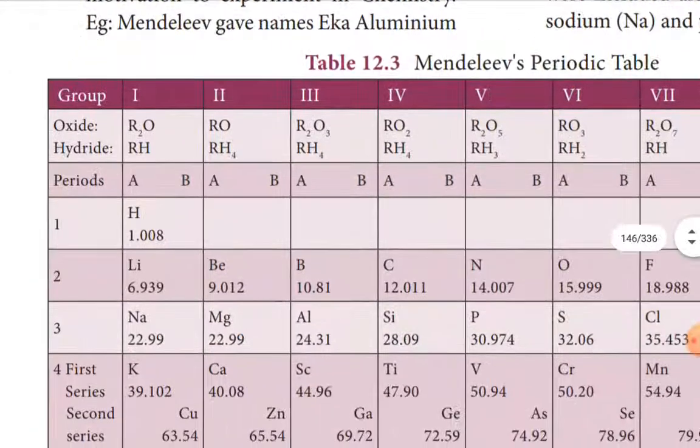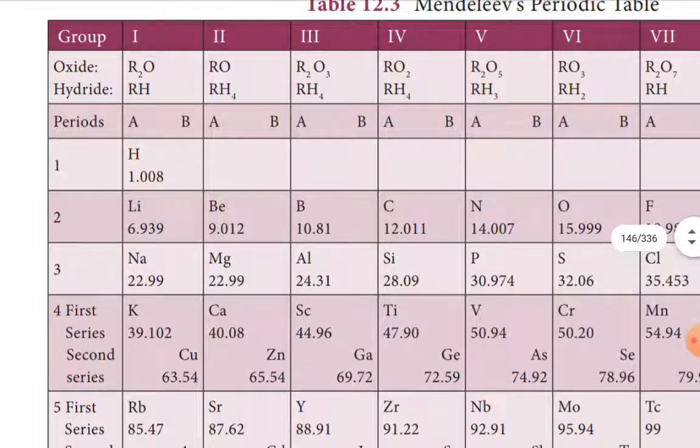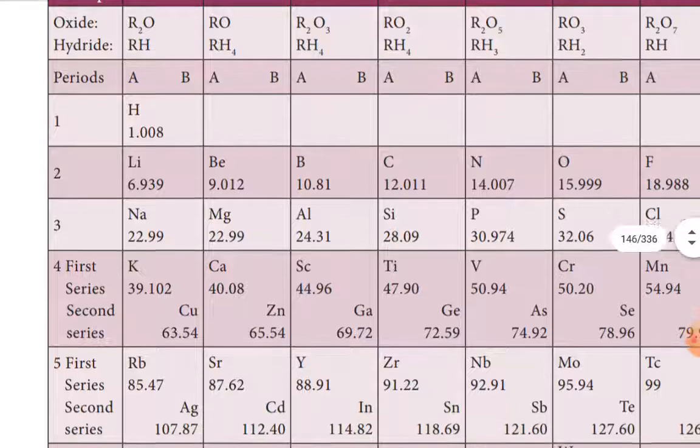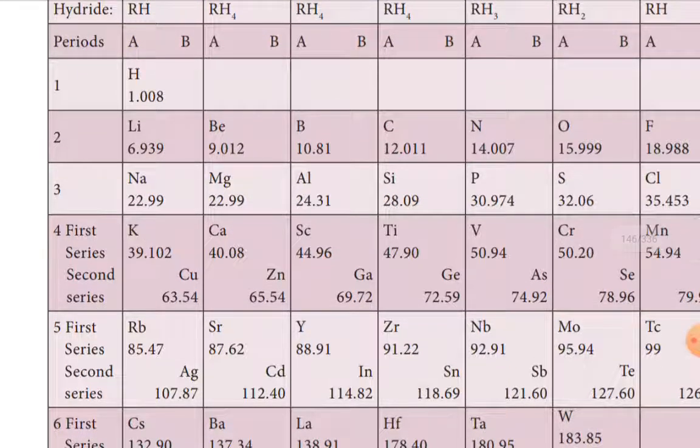For example, if we take the first group: hydrogen, lithium, sodium, potassium. Sodium and potassium are soft metals. But copper and silver are hard metals. So these hard metals were given the place below the soft metals.